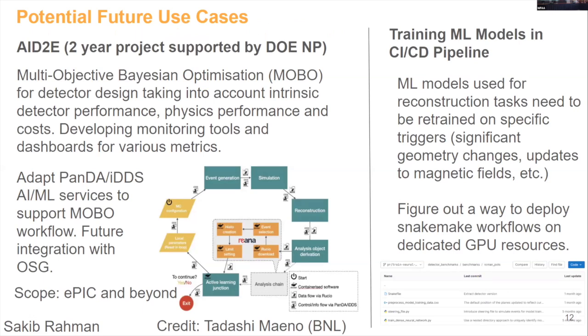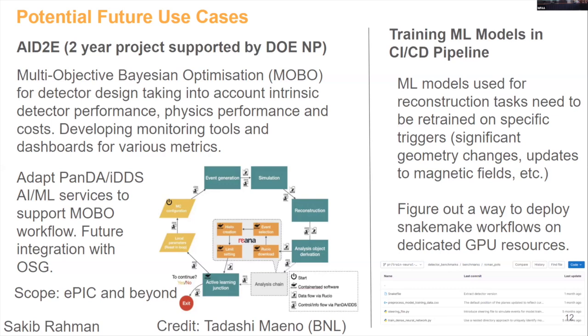In terms of future use cases, there's one project, 82E, and it's not really a sub project of EPIC because the scope is EPIC and also factors beyond that. It's a 2-year project supported by DOE Nuclear Physics, and BNL and PPS has the lead on that.